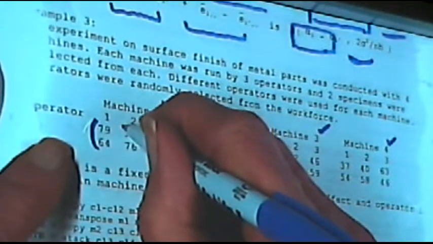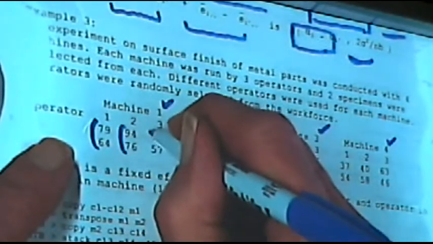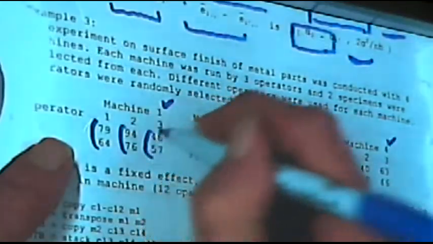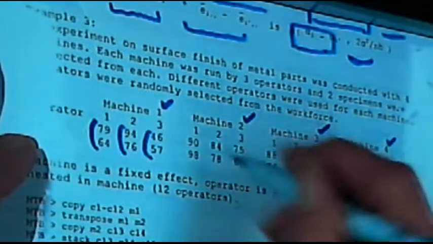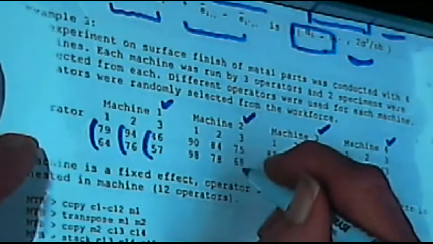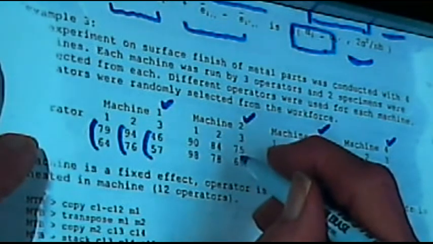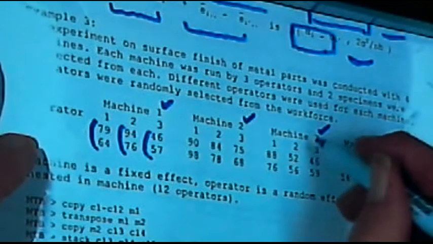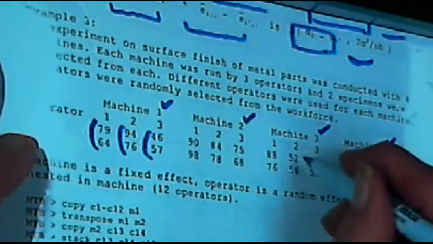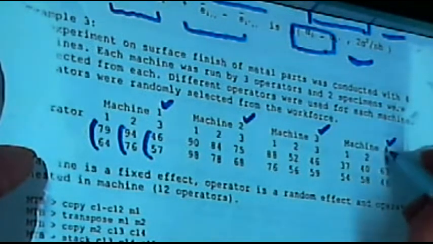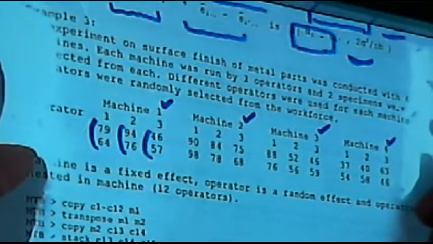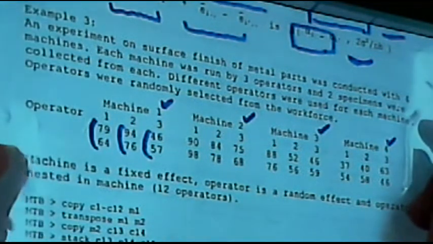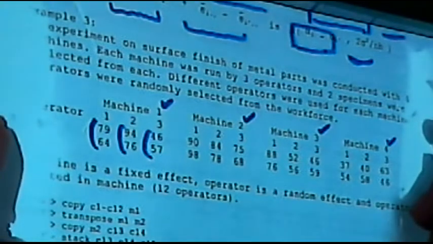We get 2 observations from operator 2, and we get again 2 observations from operator 3. Machine 2 is run by 3 operators, and we get 2 observations in each case again. And finally, machine 3 is run by 3 operators, and machine 4 is finally run by 3 different operators. And so the data might lay out something like this.